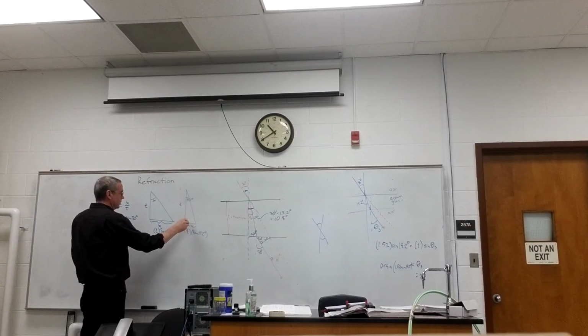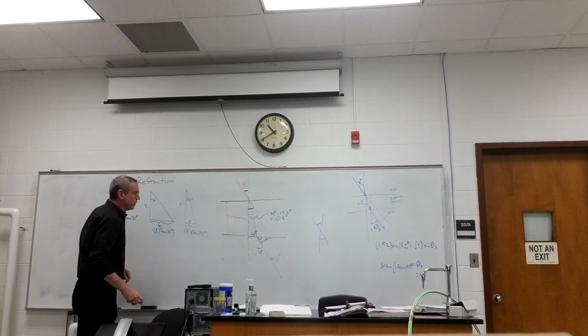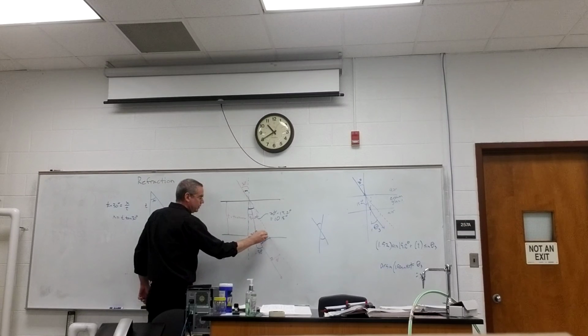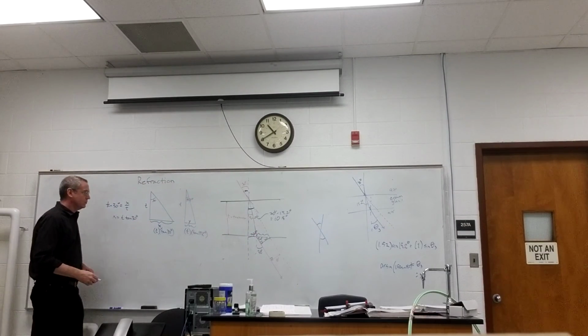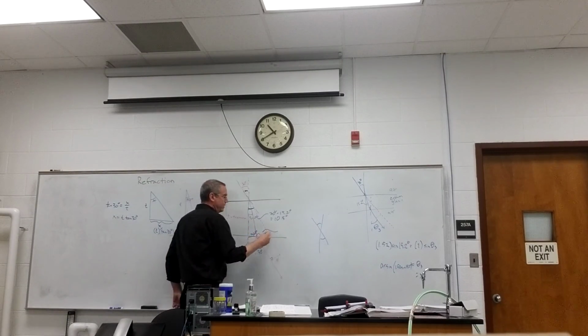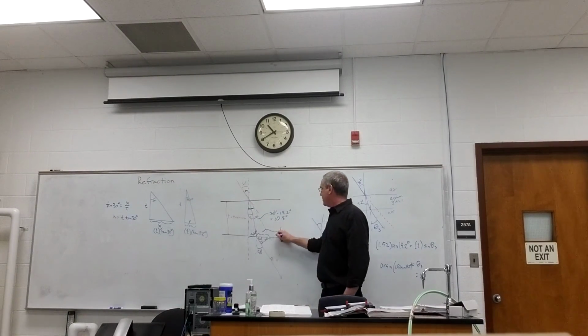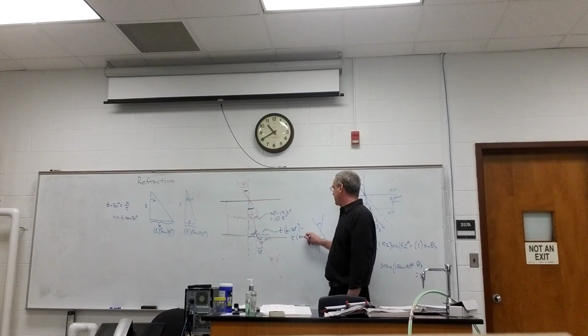And I'll call that y. So looking at the other triangle here, this distance right here has got to be the difference between the two. So that would be the thickness times the tangent of 30 degrees minus the thickness times the tangent of 19.2 degrees.